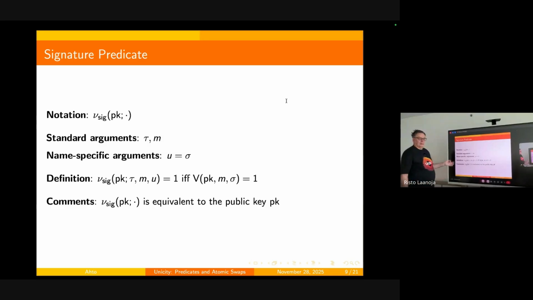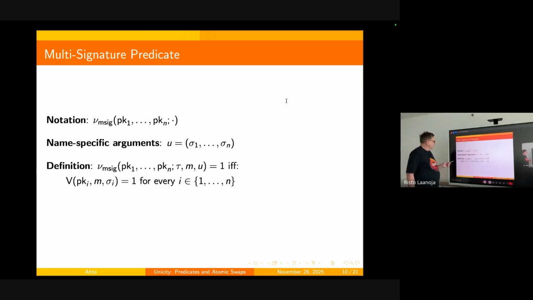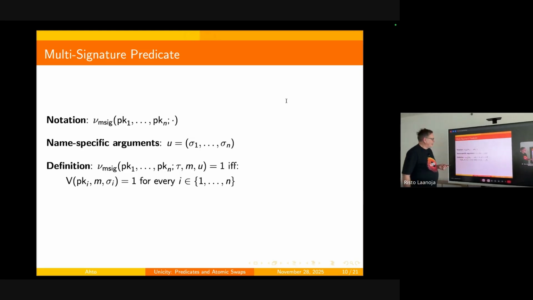Okay, let's go to the next example. We may also implement a multi-signature predicate. The multi-signature predicate has n public keys as the parameter, and as the name-specific arguments, it requires n signatures. So you have to sign the same m, basically, with all the corresponding private keys.